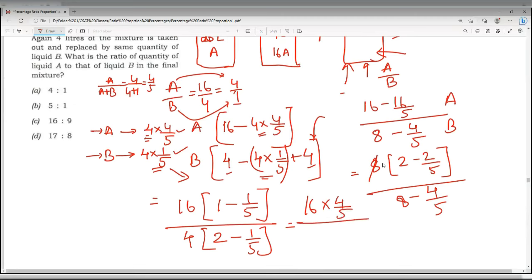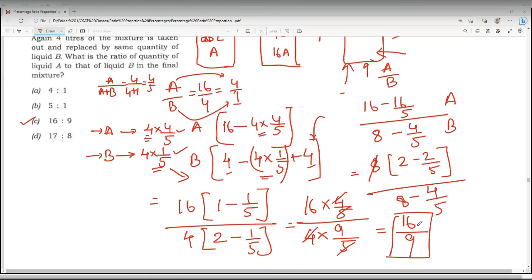This is 4 into 9 by 5. Yeah, so 4 and 4 get cancelled, 5 gets cancelled, and it is equal to 16 by 9. So the correct option is option C. Sorry, I got a bit lost in the middle. If you have any doubts, please ask.